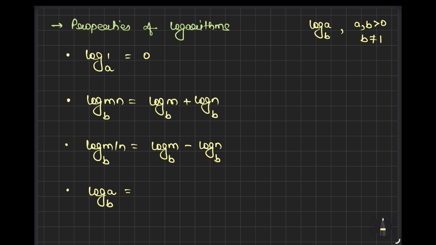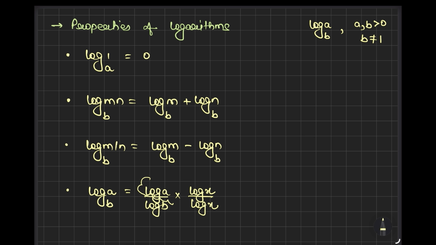So in some situations, if you don't want to solve the particular problem in that direction, you can write log a to the base b as log a by log b. Suppose that you are comfortable with base x, so we will multiply and divide with log x.